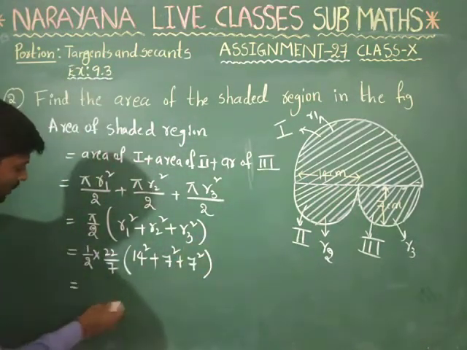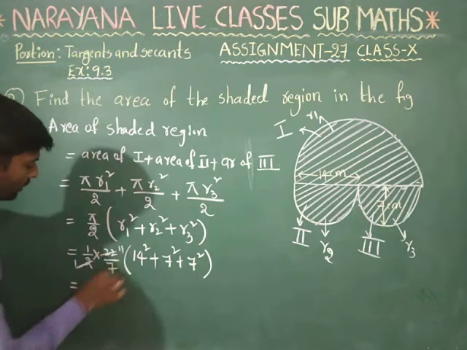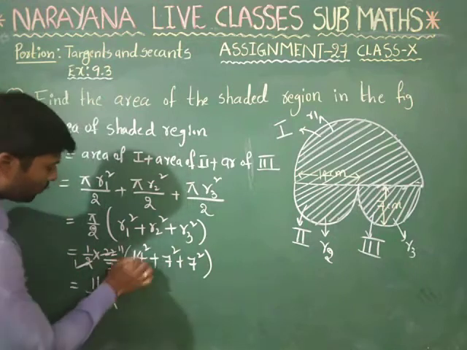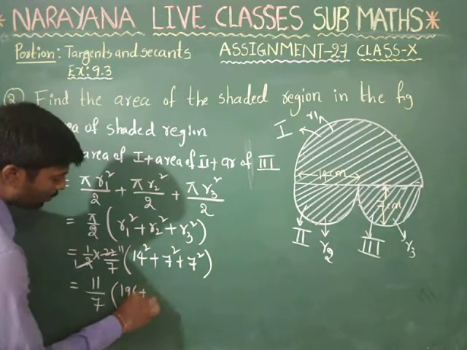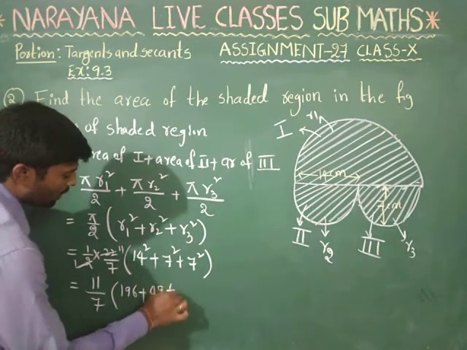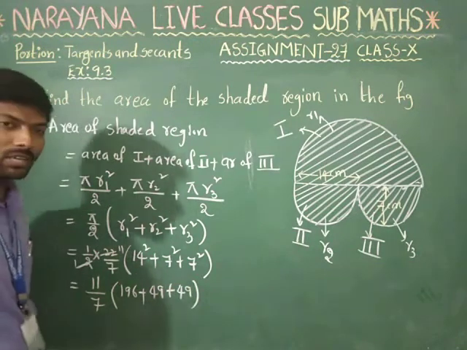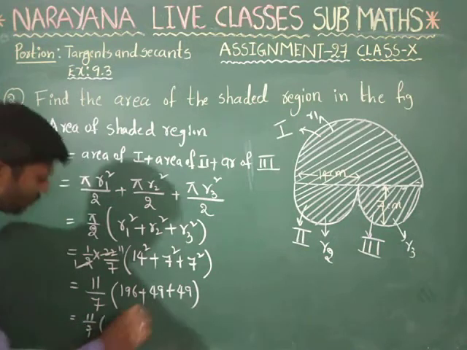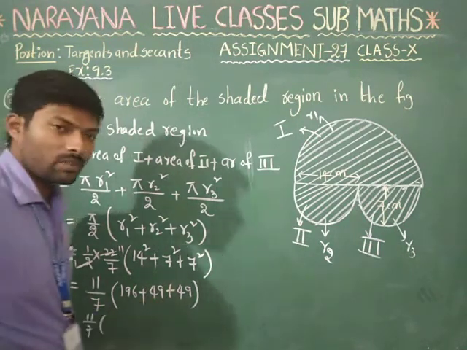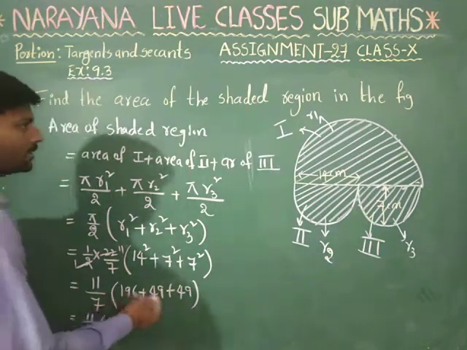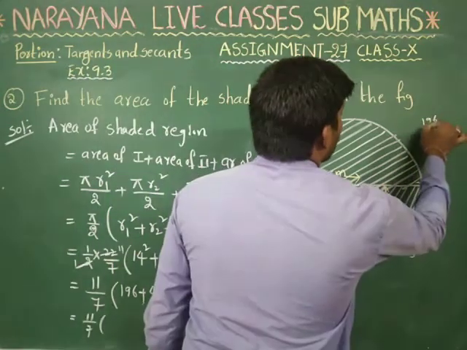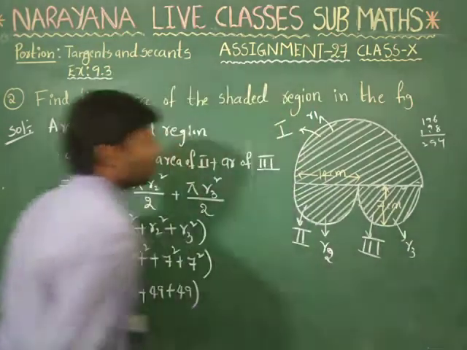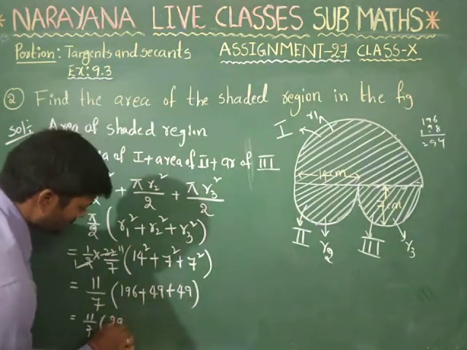Simplifying, 2 ones are 2, so 11 by 7 of 14 square, which is 196, plus 49 plus 49. 49 plus 49 will become 98. So 196 plus 98 is 294.